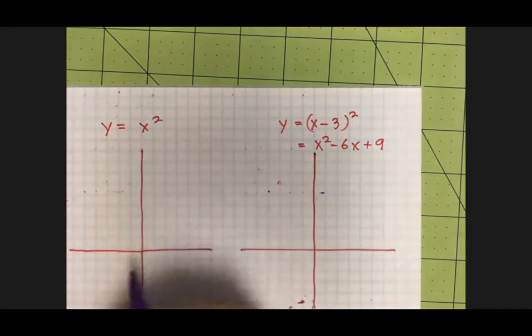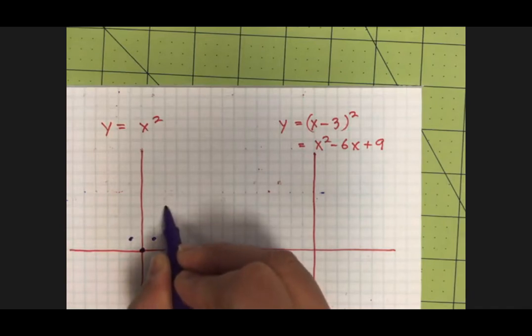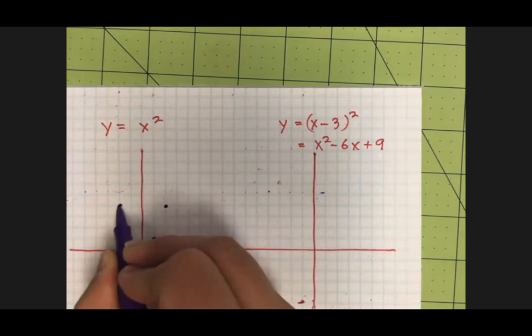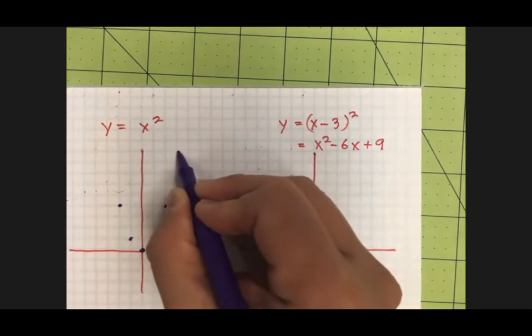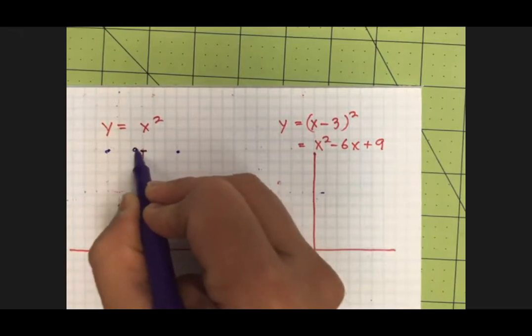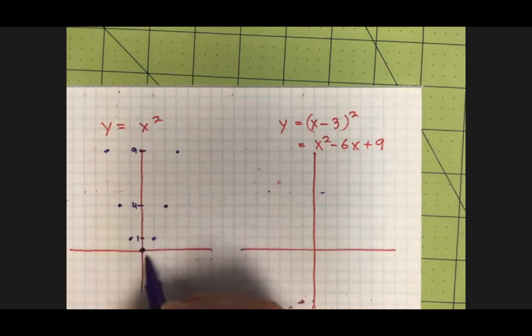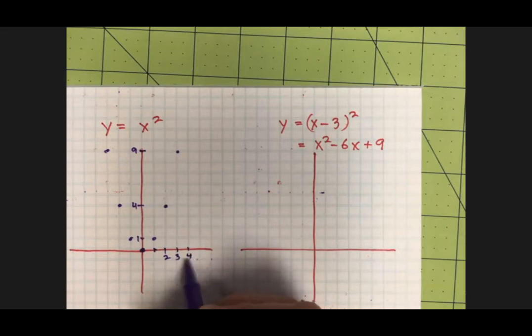What's the pattern for x squared? Over 1, up 1, over 1, up 1, over 1, up 3 more, over 1, up 3 more, over 1, up 5 more, over 1, up 5 more. This is height 9, height 4, height 1, height 0. 1 step, 2 steps, 3 steps, 4 steps.